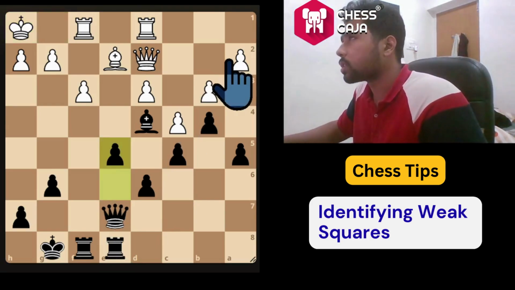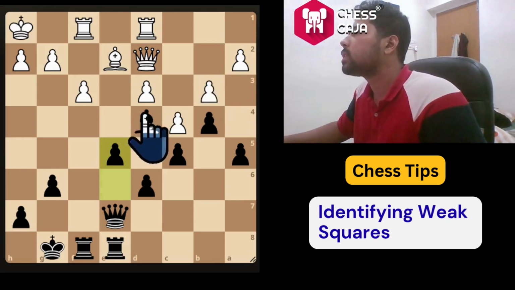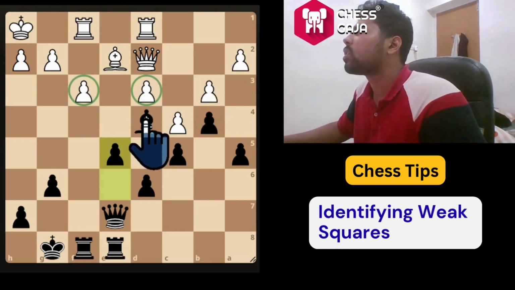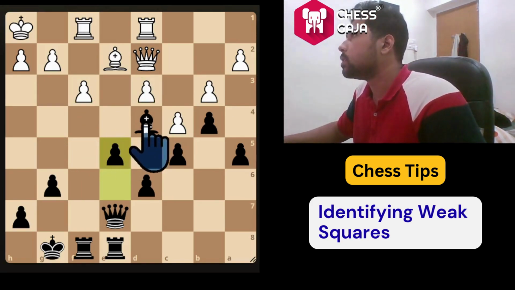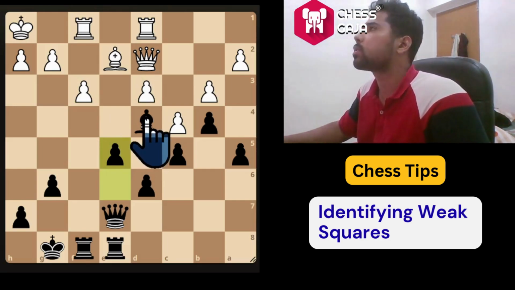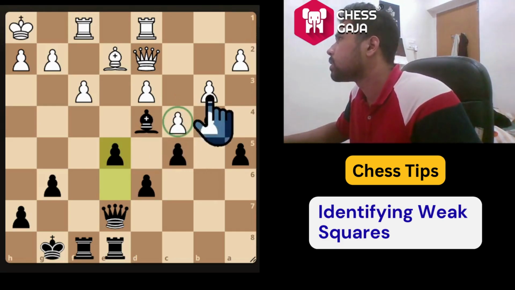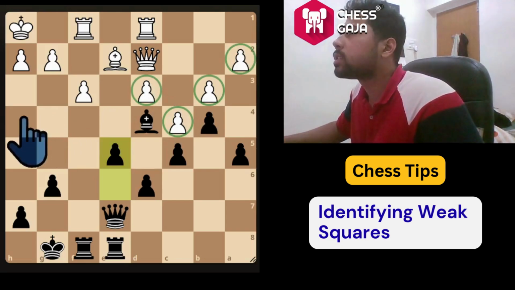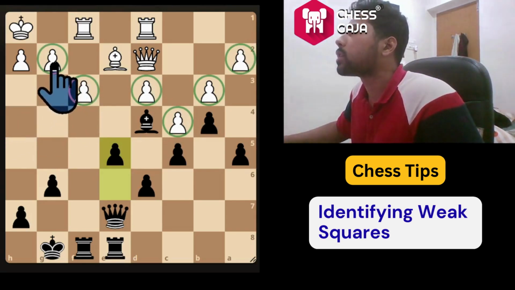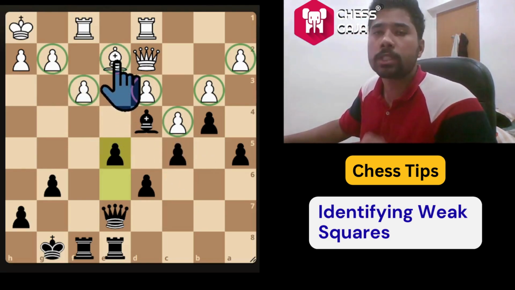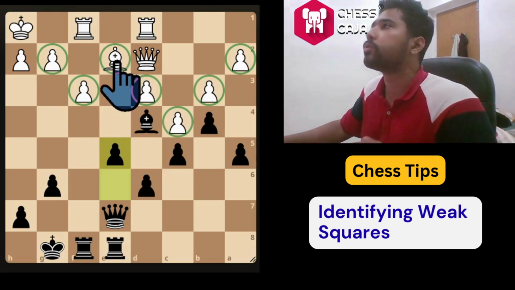This does two things. First thing, we are cementing this kind of structure for ourselves and not letting white breathe, which means that, if we look a little bit closely, this structure of white's, which has all his pawns on the light squares, is making it difficult for the light square bishop of white to move freely.